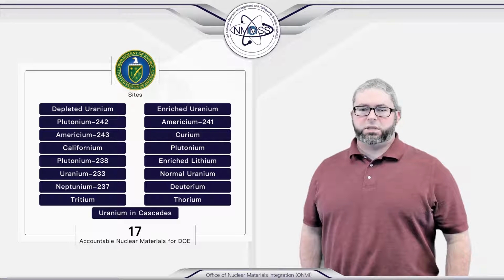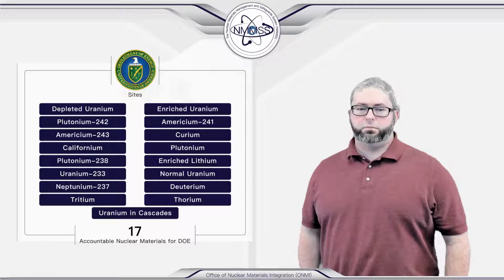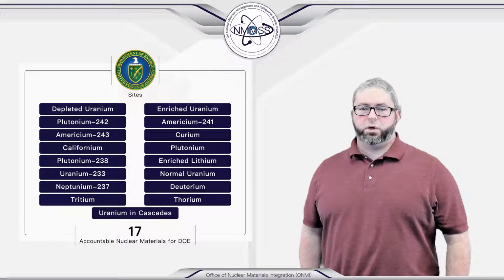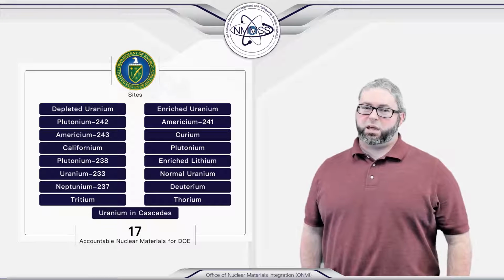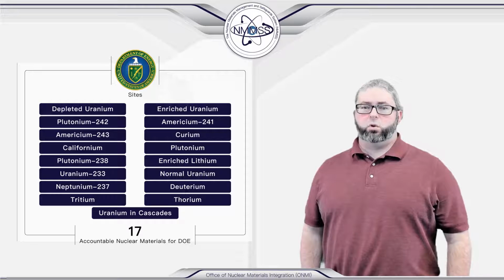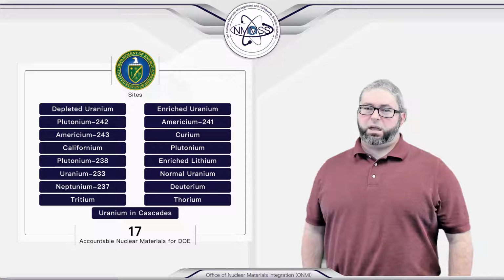There are 17 accountable nuclear materials for DOE: depleted uranium, enriched uranium, plutonium-242, americium-241 and 243, curium, californium, plutonium, plutonium-238, enriched lithium, uranium-233, normal uranium, neptunium-237, deuterium, tritium, thorium, and uranium in cascades.